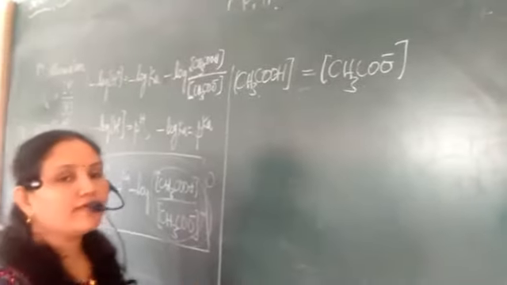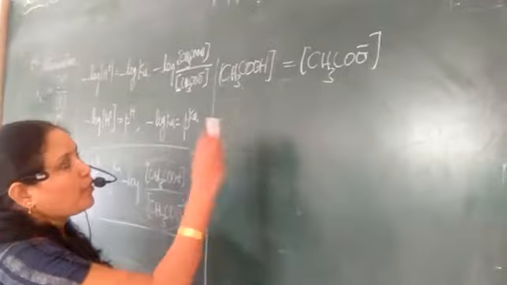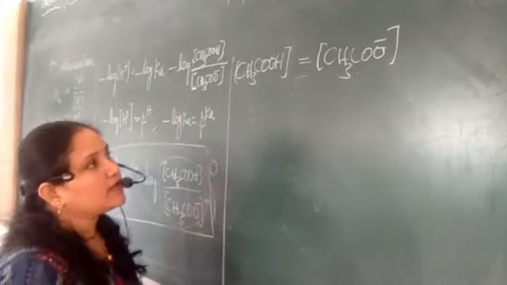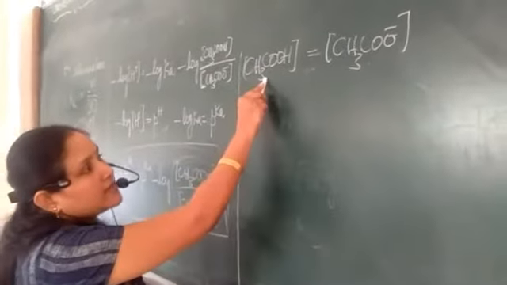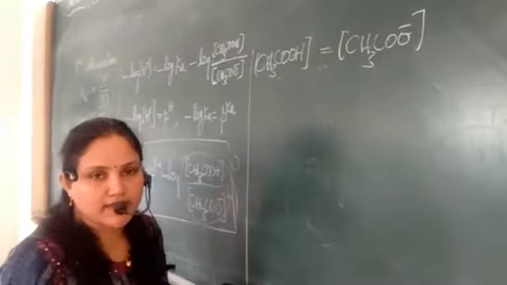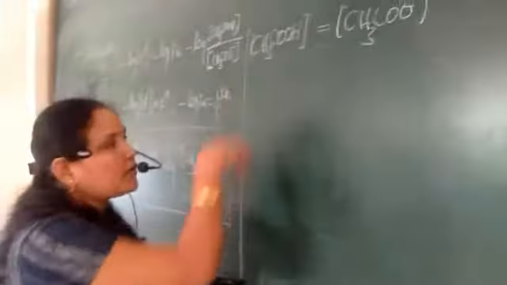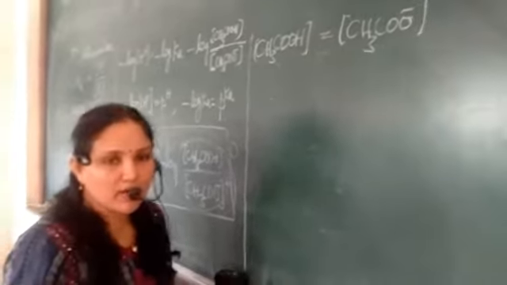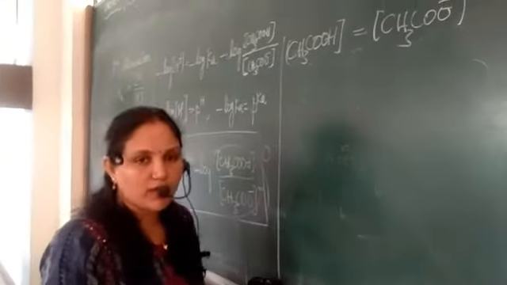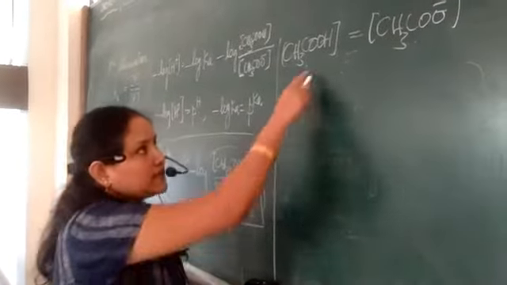Now how do I find out the point when this acid concentration is equal to the acetate concentration? For this I need to do an experiment. In the burette I will be filling sodium hydroxide. In the conical flask or the beaker, I will be taking the acetic acid.